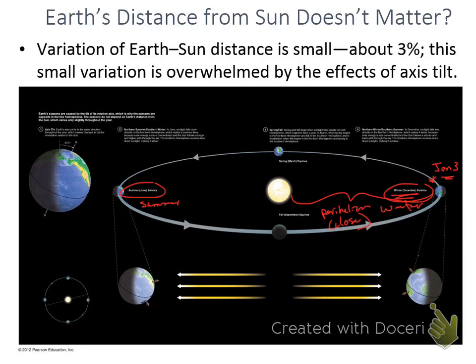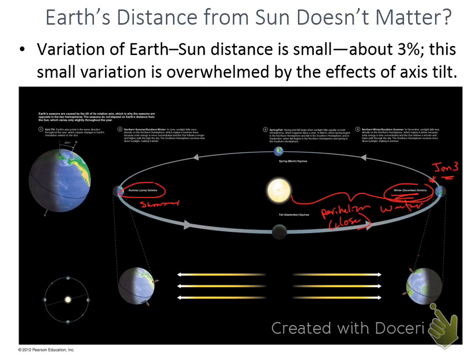Over here, this is cold for us, right? This is as cold as it gets. But we are literally 3% closer to the sun in our winter. And we're 3% farther from the sun in our summer. So it's not a proximity thing. It's the number of daylight hours, the sun's angle, having the effect of being either direct sunlight or indirect.